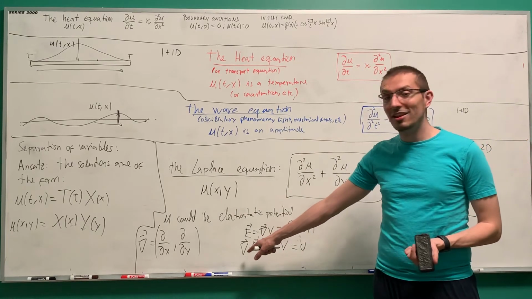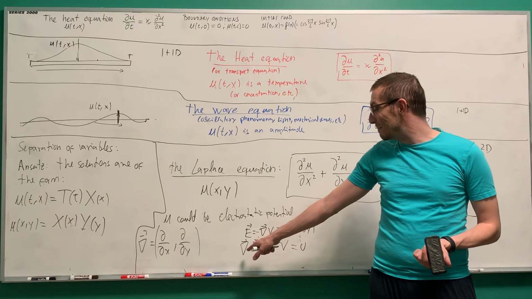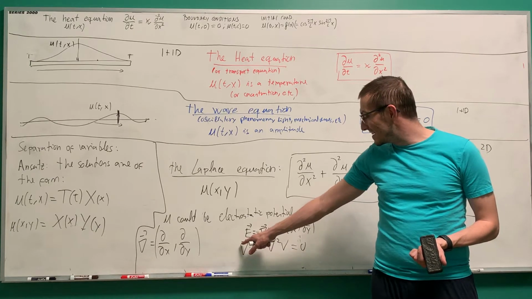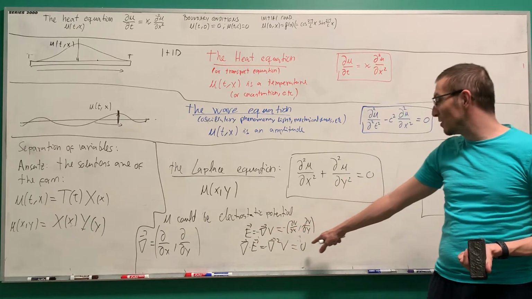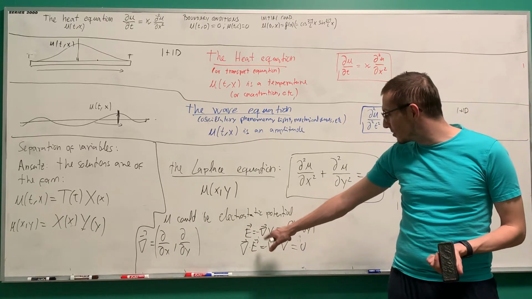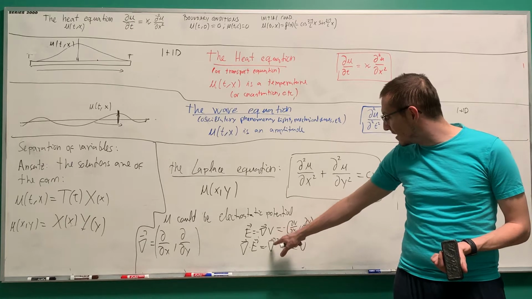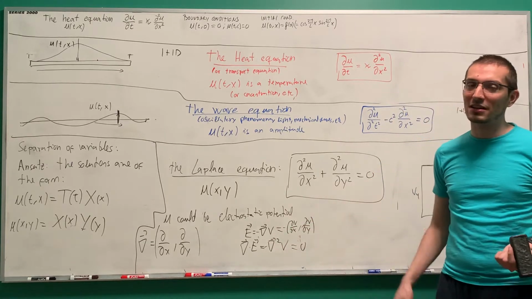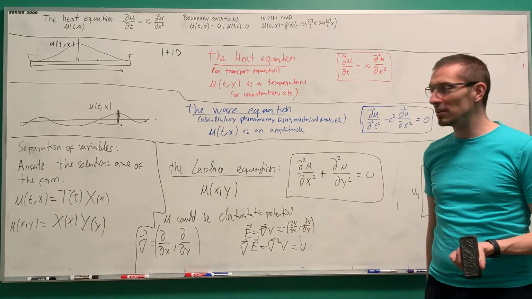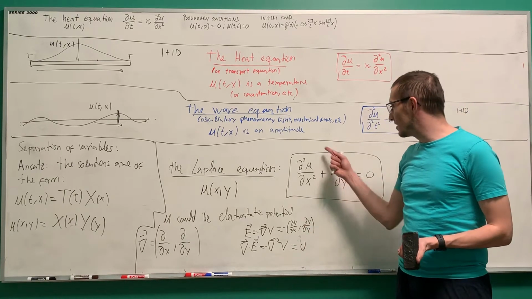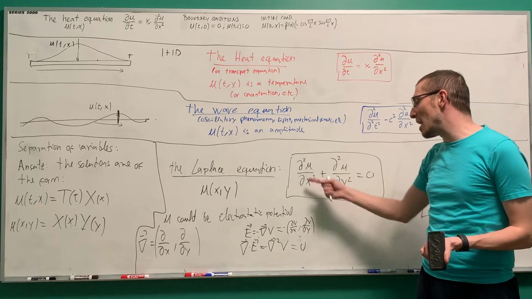Now, we have the Maxwell equation. The Maxwell equation tells me that the divergence of E, so nabla dot E, is equal to 0. But if I write it in terms of the potential, I get that nabla squared of the potential, that's called the Laplacian of the potential, is equal to 0. Well, this U could be that potential because this equation is precisely nabla squared.